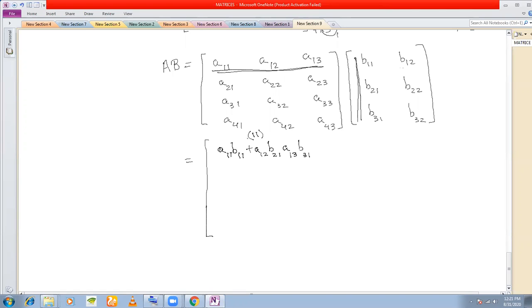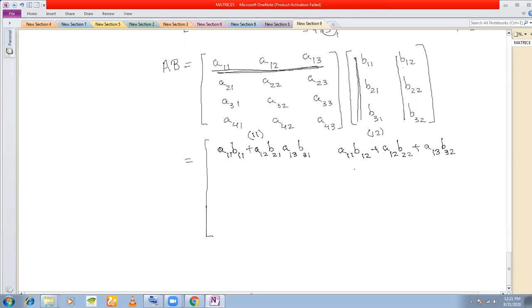Then we multiply the first row with the second column to get the first row second column element. So we get A11 B12 plus A12 B22 plus A13 B32.